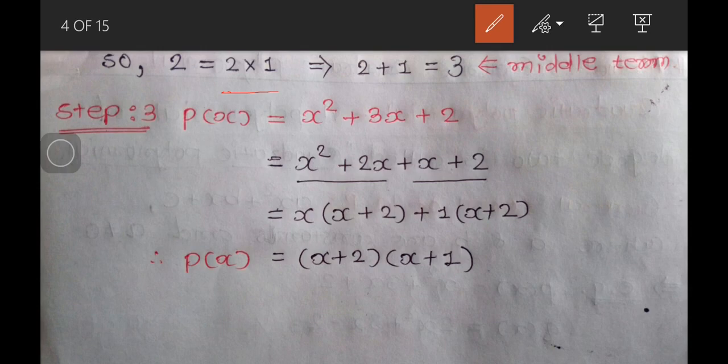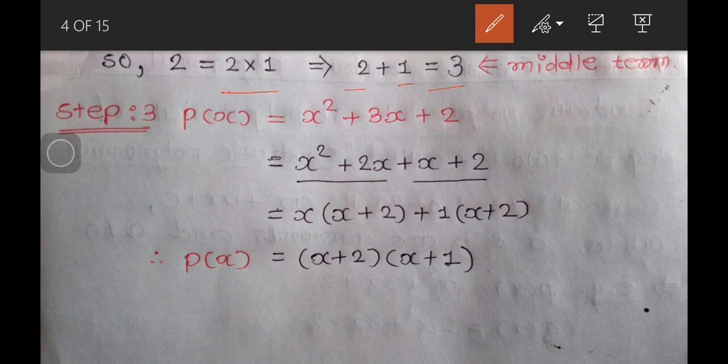You can see here that if we add 2 and 1 with a positive sign, then we get +3. So here we do the addition of 2 plus 1, then we get +3.